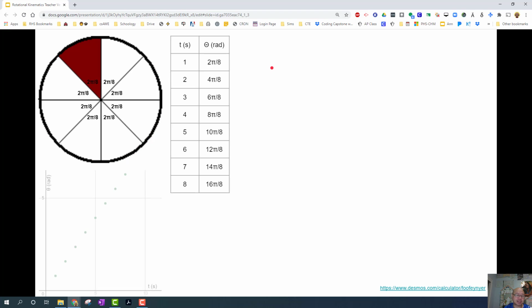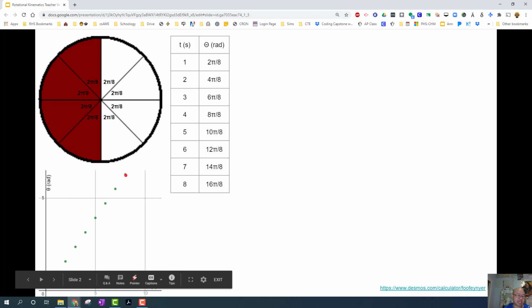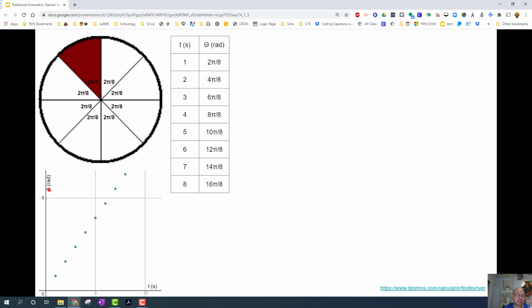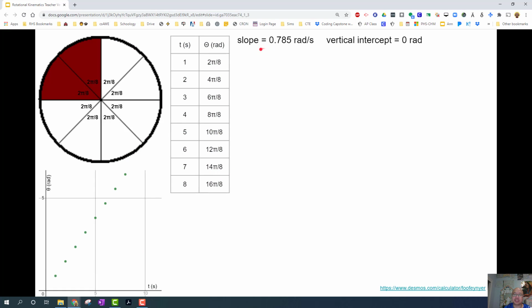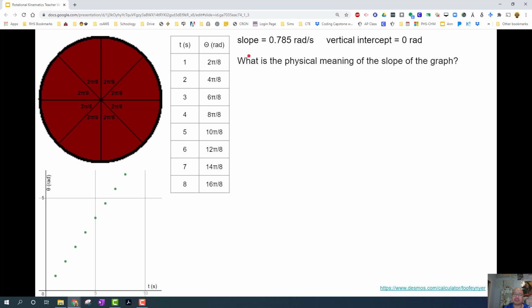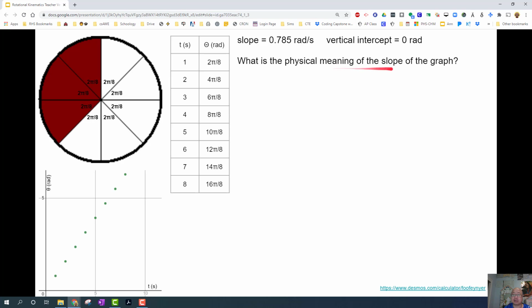If we graph this, we notice a linear relationship between the angle in radians, the displacement, versus time. If we look at the slope and the vertical intercept, we can look at the physical meaning of the slope.